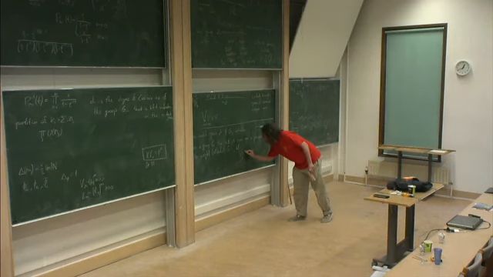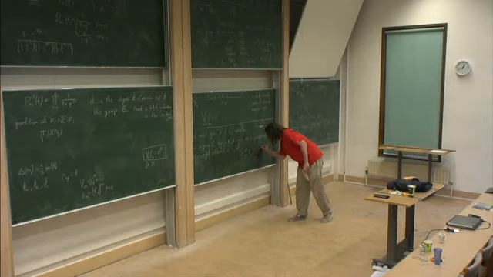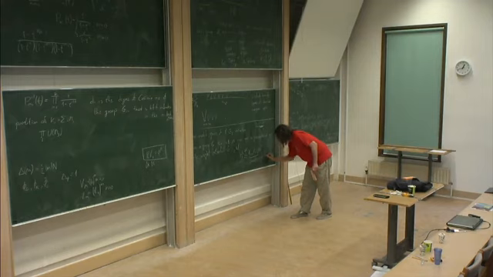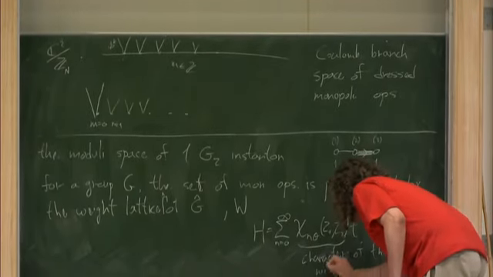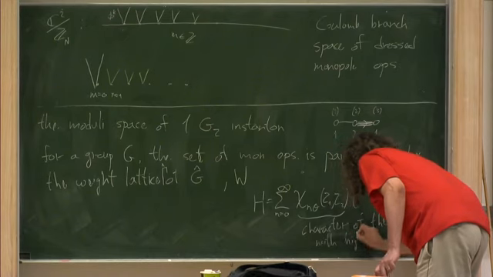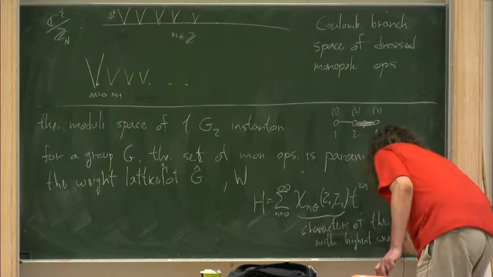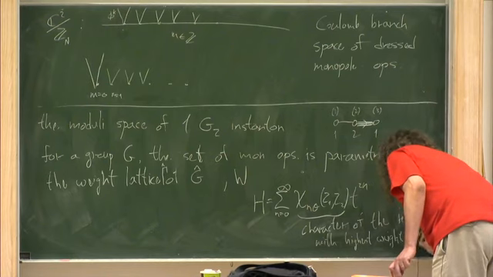let me write the final answer. Well, this is the character of the representation of G2 with highest weight n times the highest weight of the adjoint representation.